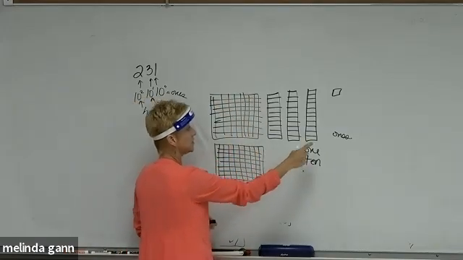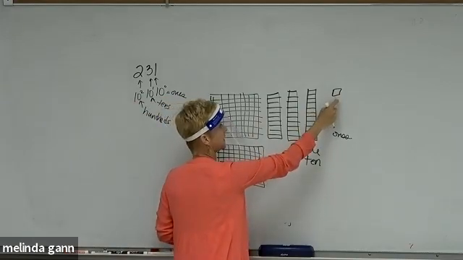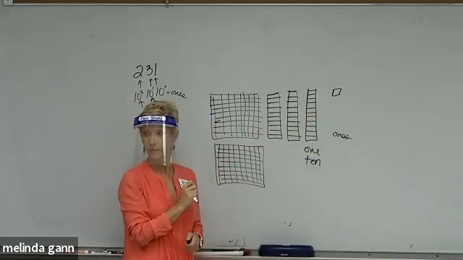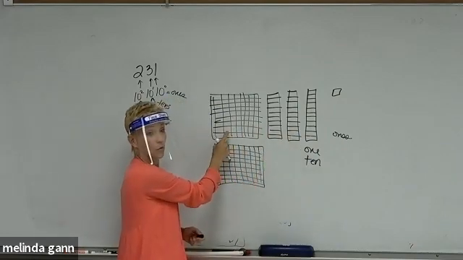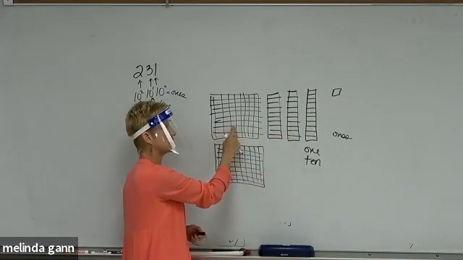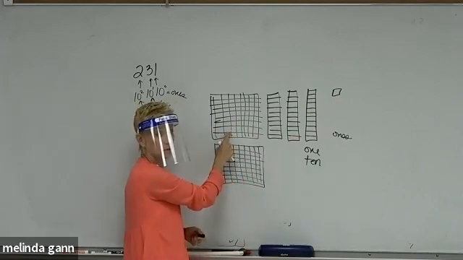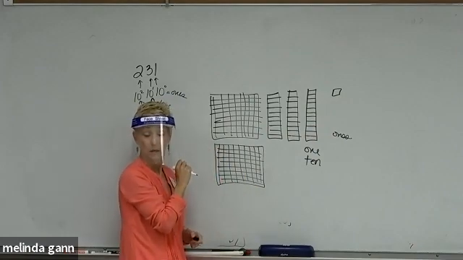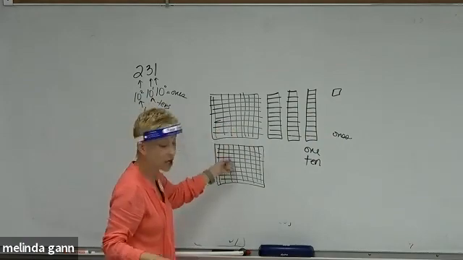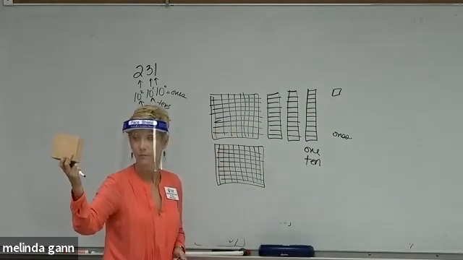Now, do you see that when you get 10 of these, you get 1 of these? When you get 10 of these, you get what? 1 of those. So how many little units are in this? How many ones are in this one? 100. Now, how many hundreds are in this?